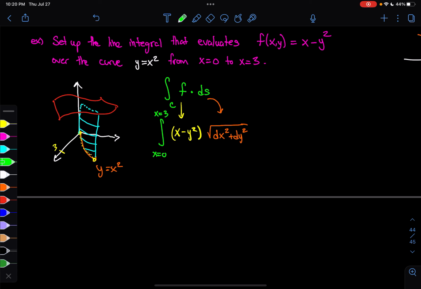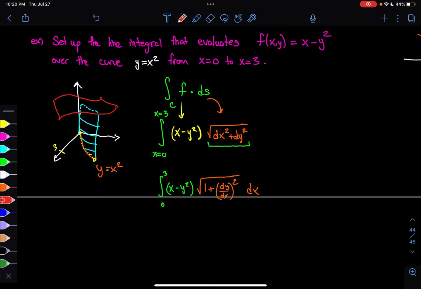So we're almost done. We just need to modify our ds a little bit so that it matches our bounds. Based on the trickery that we did before, we're going to keep those bounds and keep the function x minus y squared. And the ds here is going to turn into the square root of 1 plus dy/dx squared, with a dx on the outside.